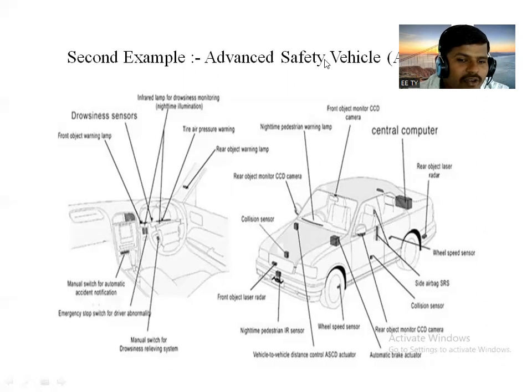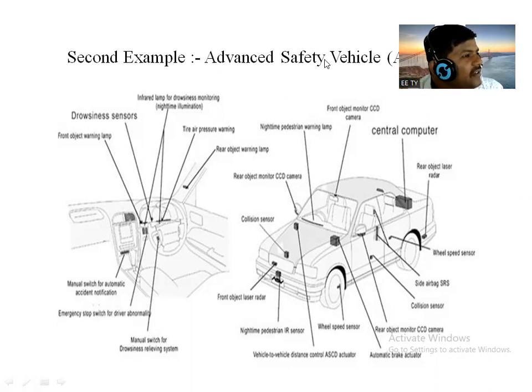Again, some sensors can be used to sense whether a pedestrian is on the road at night time. What is meant by pedestrian? We say pedestrian, meaning whether a person is on that road at night time. So some distance can be maintained, and if the pedestrian is sensed by that sensor, the speed of the vehicle should automatically reduce, okay?